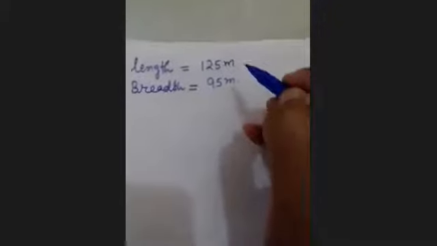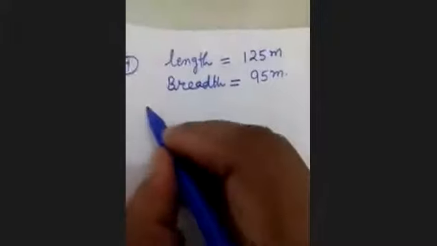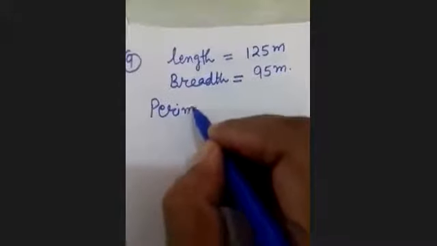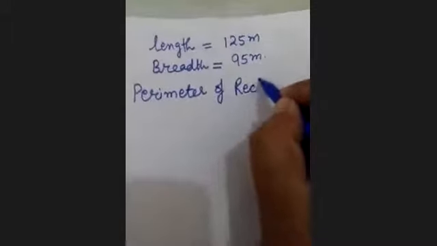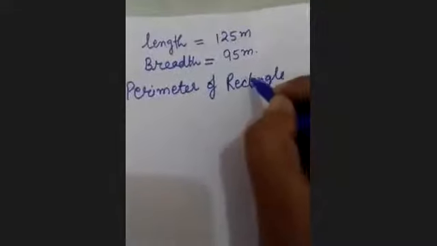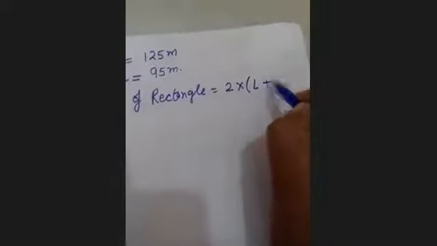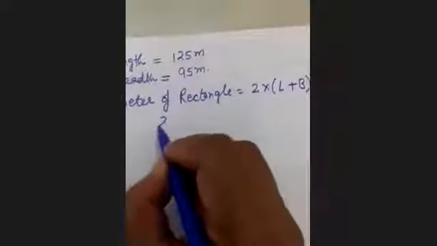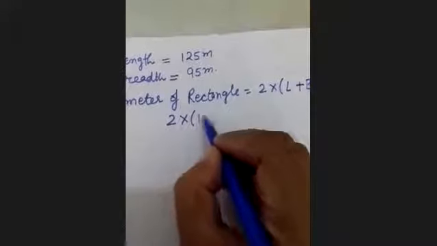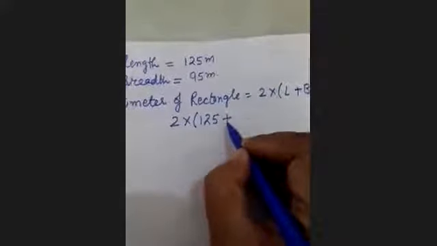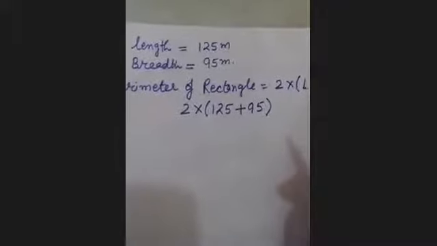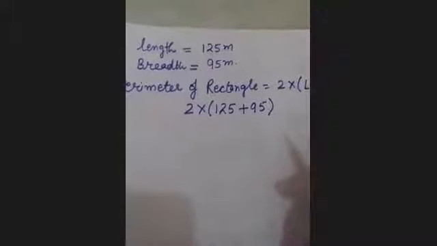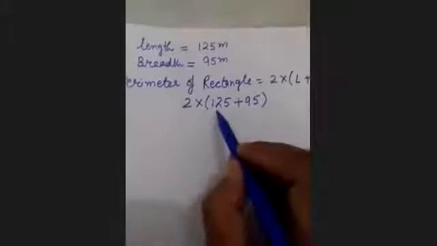Now perimeter of rectangle is 2 multiply length plus width, 2 multiply 125 plus 95. Clear, students?